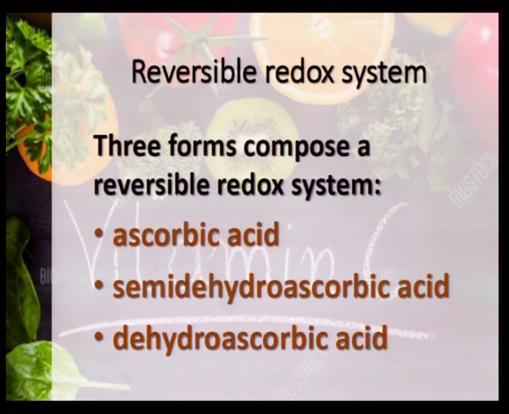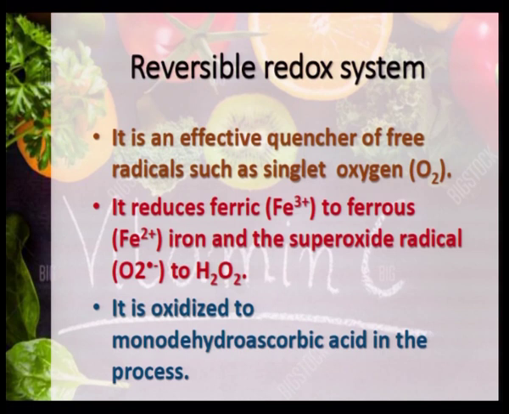All these three are extremely important in terms of the reversible redox system that they participate in. All these three are capable of performing the function which is very important in terms of its role in scavenging the free radicals. We are going to see one by one.